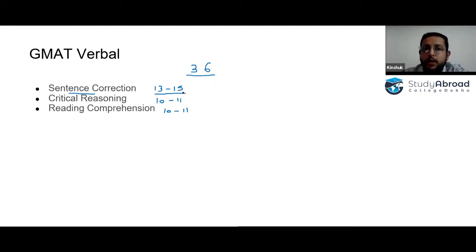All the questions that you see on the GMAT have different difficulty levels, depending on how you attempt the questions. For example, the first question you attempt, let's say question number 1, is going to be of moderate difficulty, right?